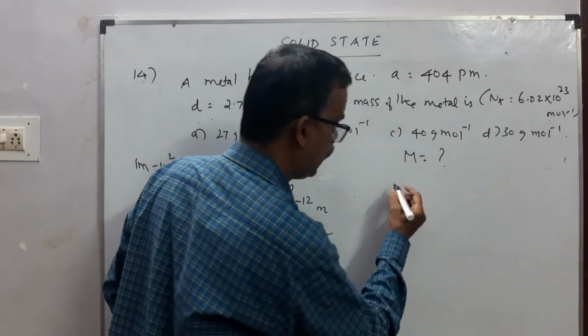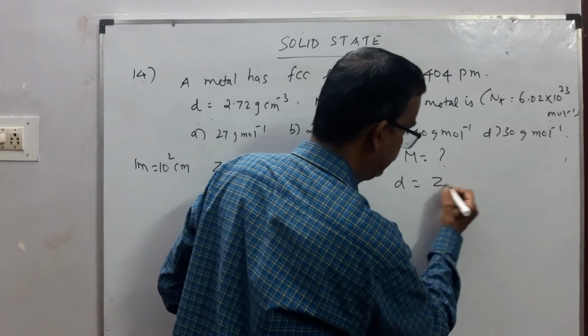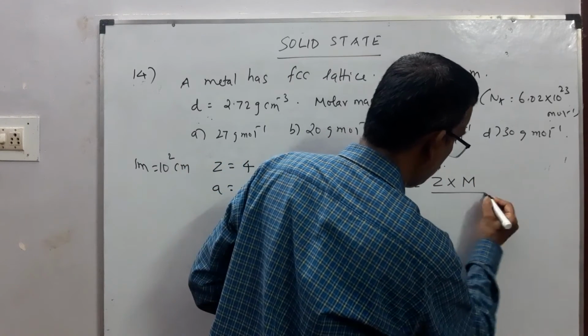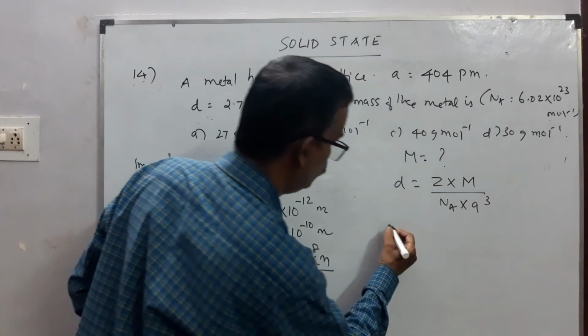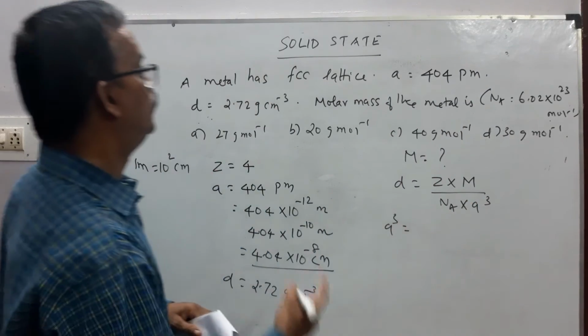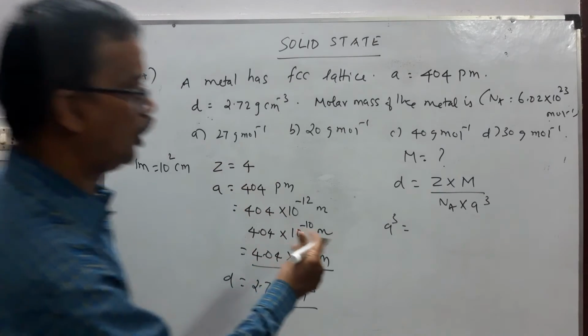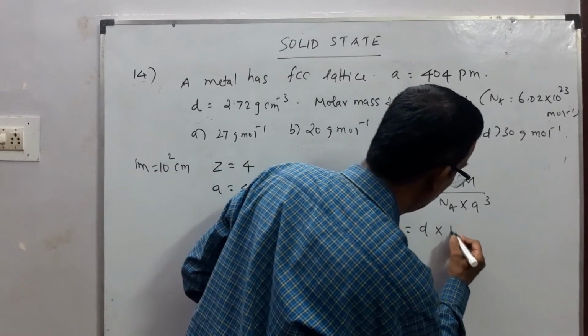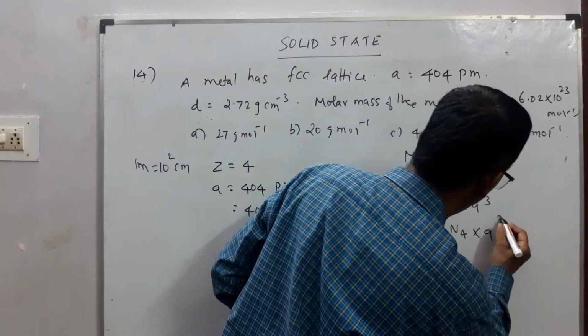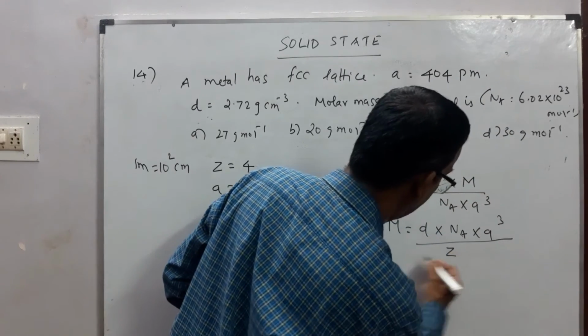You know the formula, density equals z into molar mass divided by Avogadro number into a cube. So M equals density into Avogadro number into a cube divided by z.